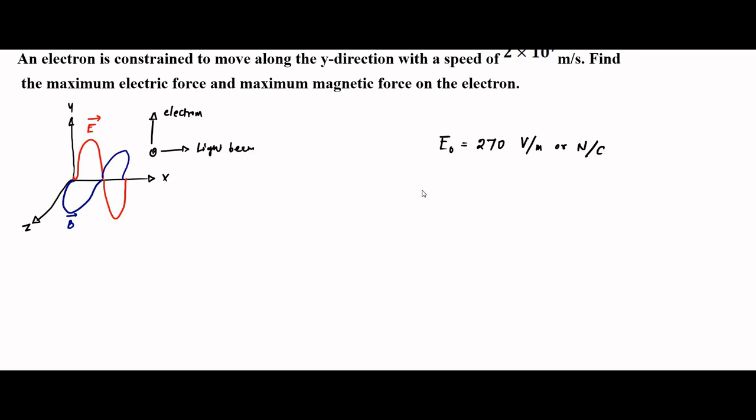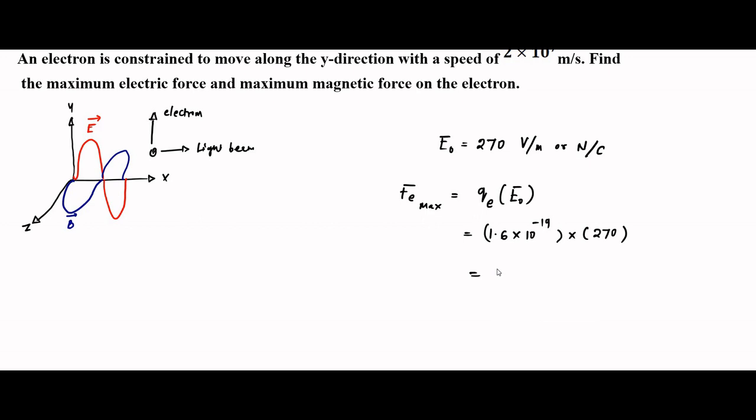So the maximum force on the electron will simply be the electronic charge, qE, multiplied with the amplitude of the electric field, the maximum value of the electric field. So electronic charge 1.6 into 10 to the power minus 19 coulomb into 270 Newton per coulomb.